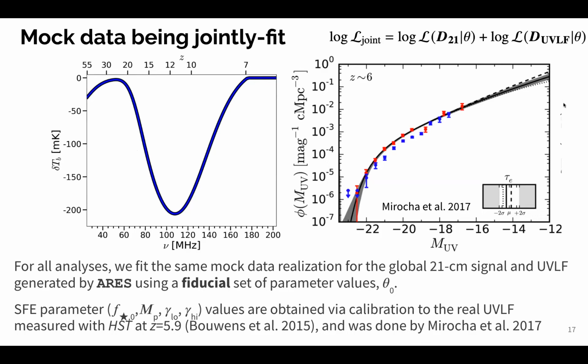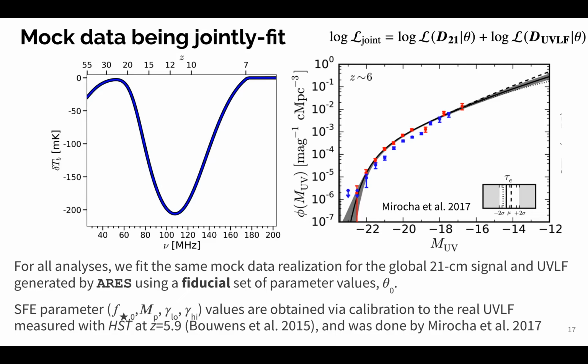And on the right is the UV luminosity function. The red points are data from the Hubble Space Telescope, and the black line is the model from Aries. In Meroka 2017, they calibrated the Aries UVLF model to these real measurements in order to obtain the star formation efficiency parameters that match those measurements. Those are the values that we use to create our mock data.